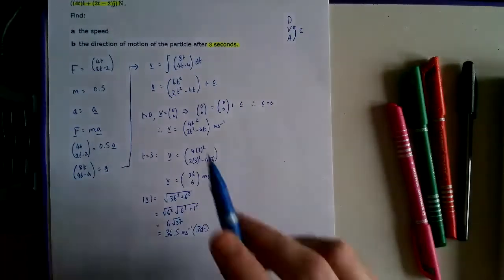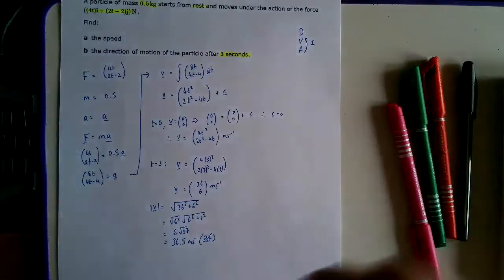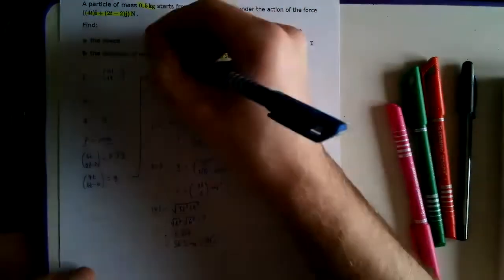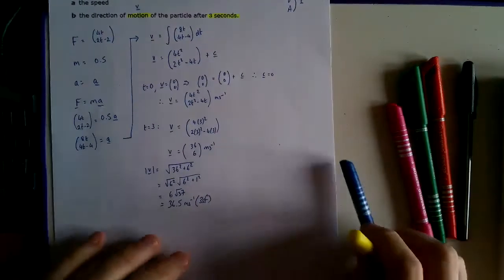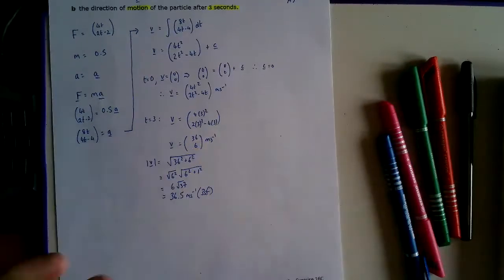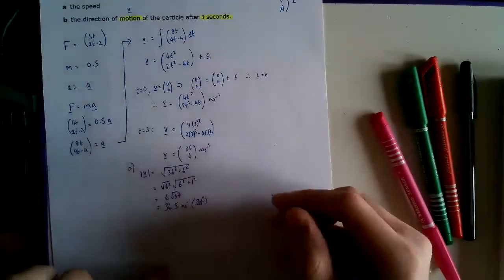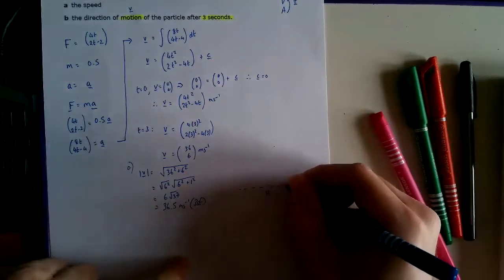And the direction of motion, well, motion means movement, and movement means velocity. Direction of motion means we're going to use v. So to see which way it's moving, we're going to use the vector (36, 6). That means it's going to go 36 across, 6 up.